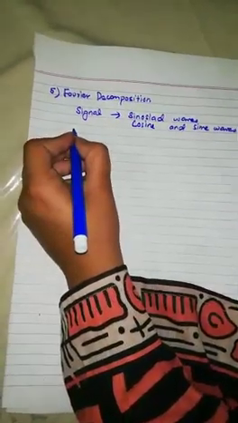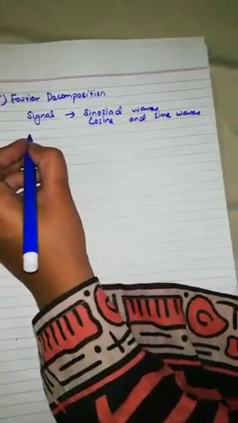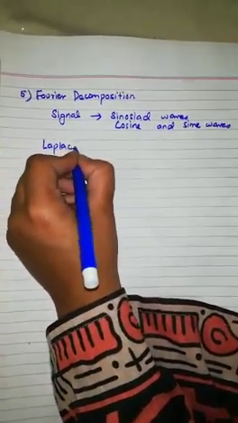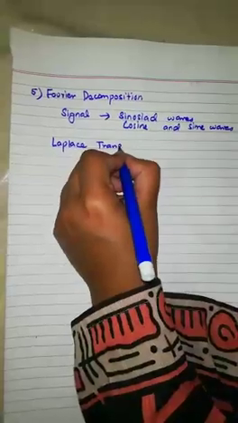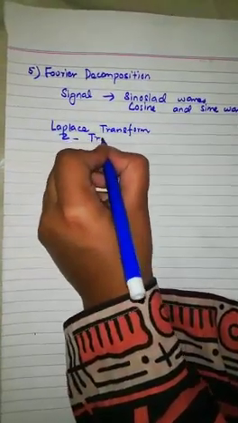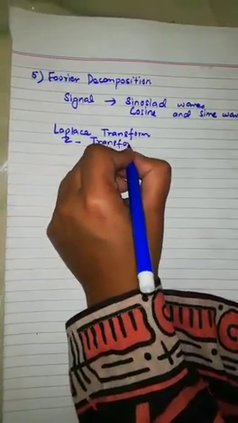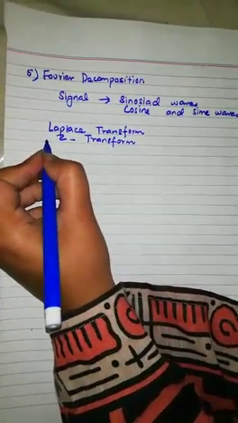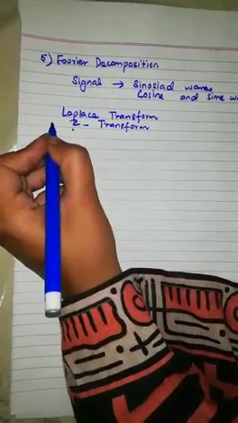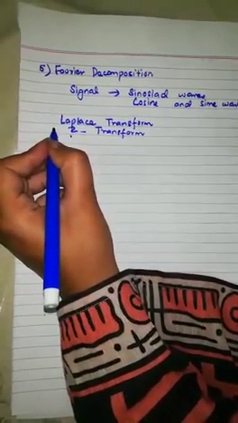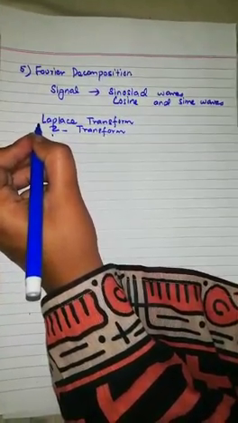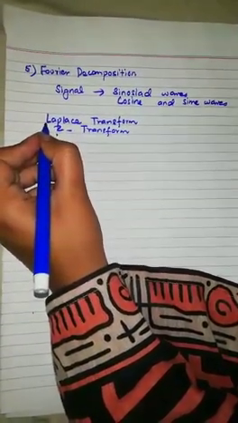And the advantage of Fourier decomposition is that it is the basis of Laplace transform, Z transform and Fourier transform. It is also a very extensively used type of decomposition.